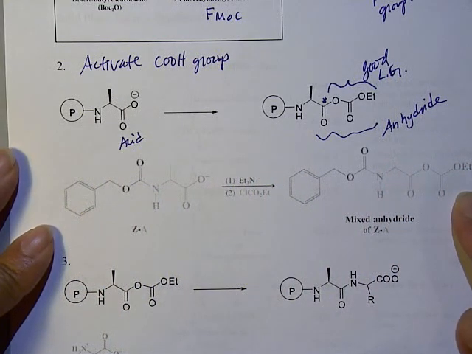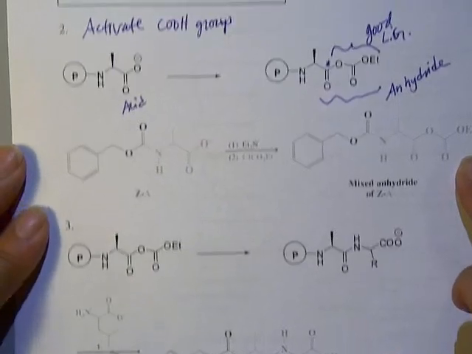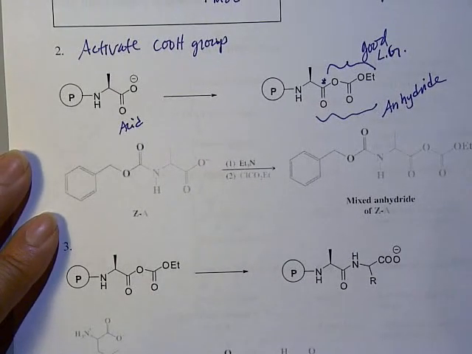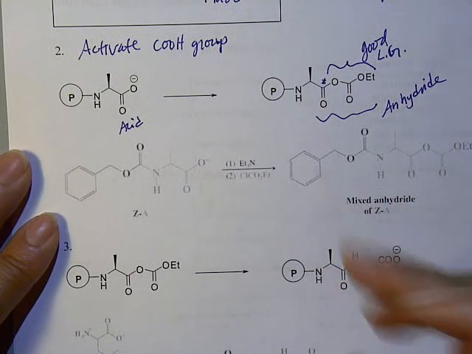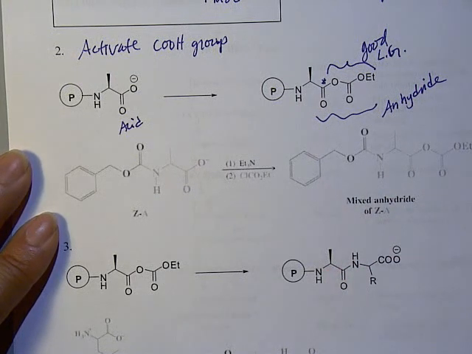So now, the other reagent that is used often to activate the carboxyl group is DCC, which stands for dicyclohexylcarbodiimide.